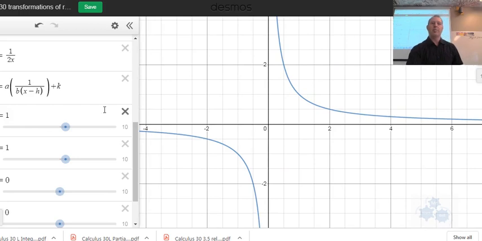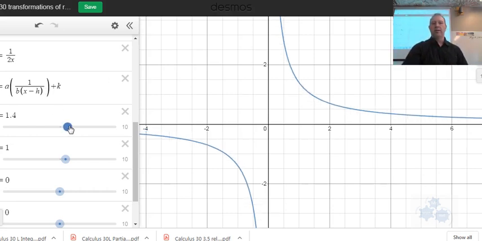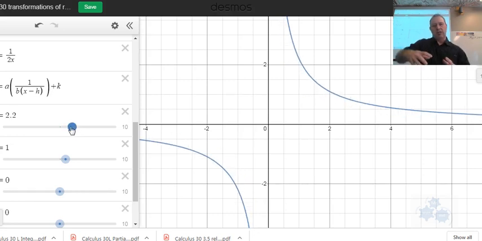So what happens if we change the parameter of a? What does a usually represent? It represents a vertical stretch, right? Not a vertical translation, but you corrected yourself right away. Good. Vertical stretch. So it pulls it up and down away from the x-axis. If I move a up, now it looks like it's going out on an angle, but really it's being pulled up.